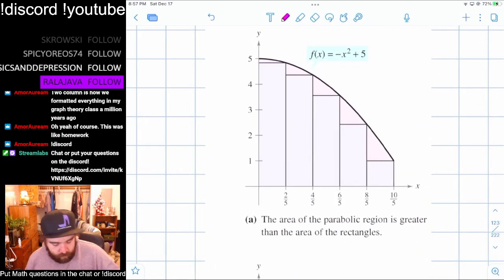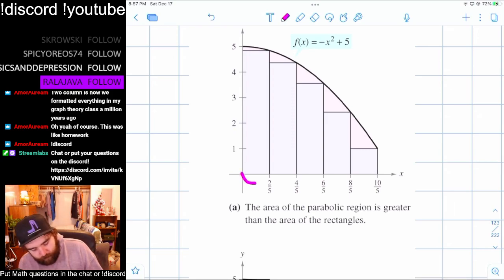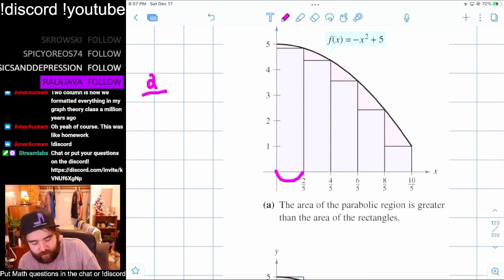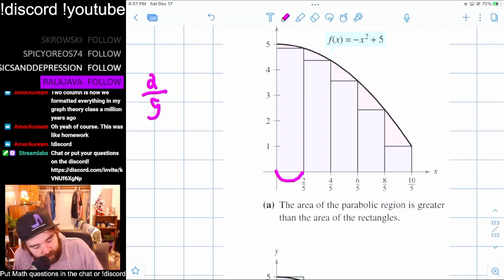So I would look at these rectangles, and let's do the underestimate first. The width of this rectangle is 2/5, because the area of a rectangle is just base times height, the width times the height. So 2/5 is the width. And then what is the height?